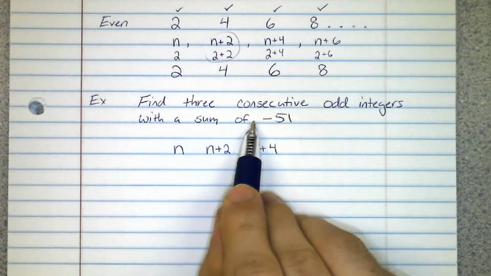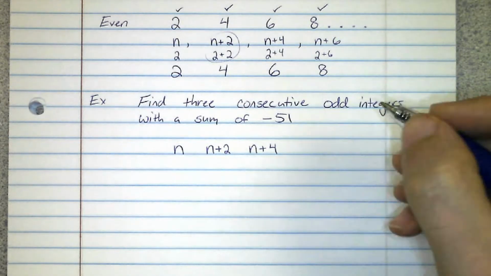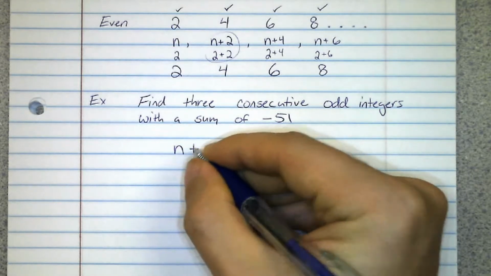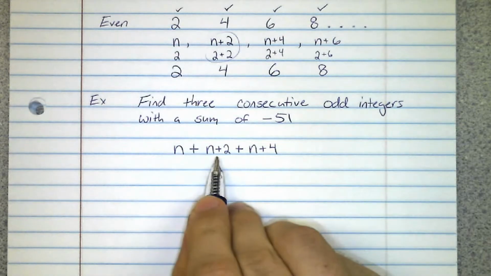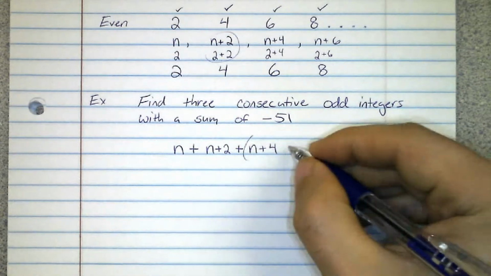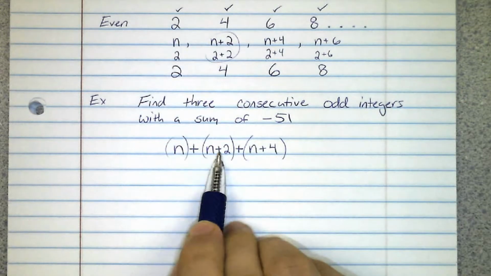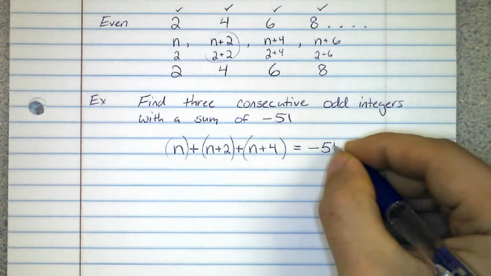Now it says the sum of these has to equal negative 51. So the sum of these 3 integers, the first, second, and third, maybe if I use grouping symbols it'll be a little easier to see, I know that has to equal negative 51.